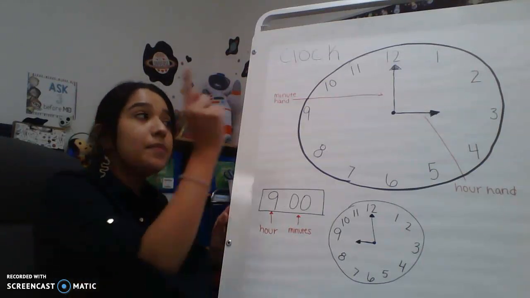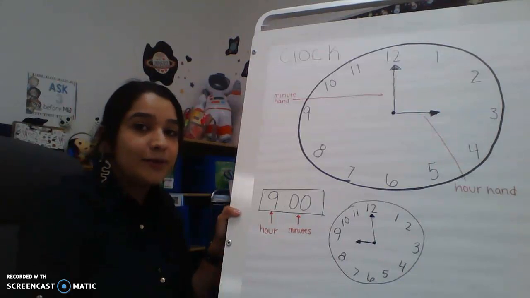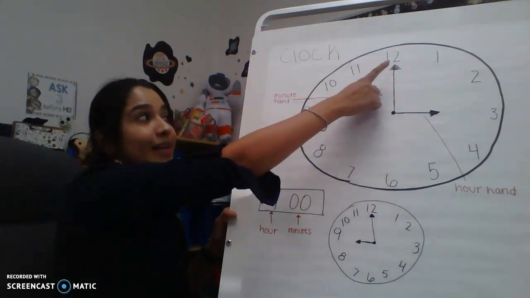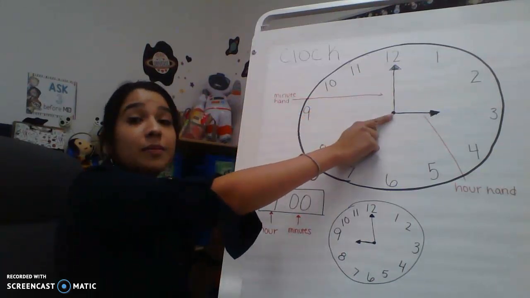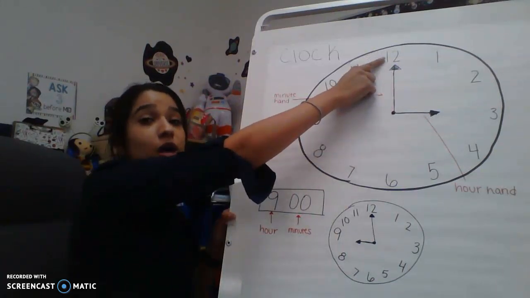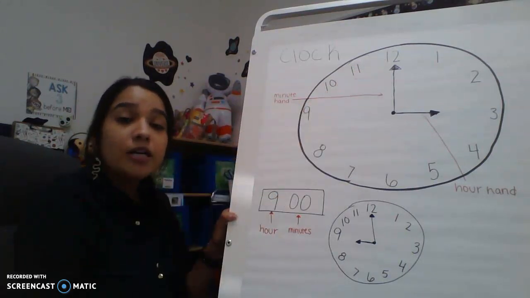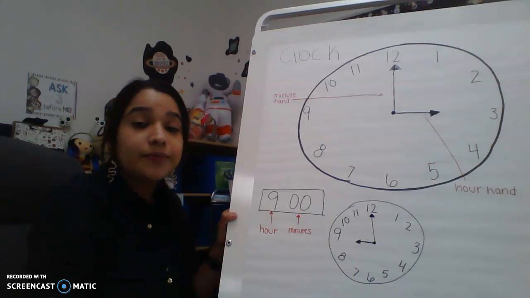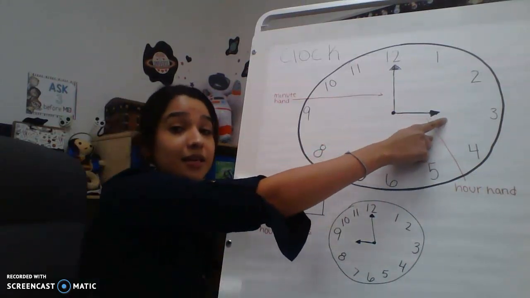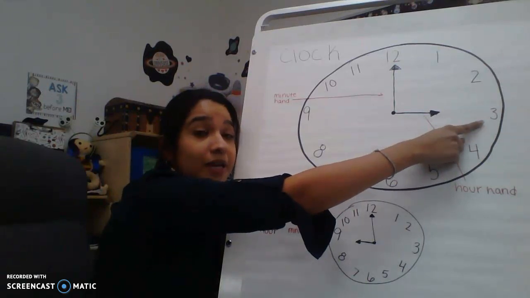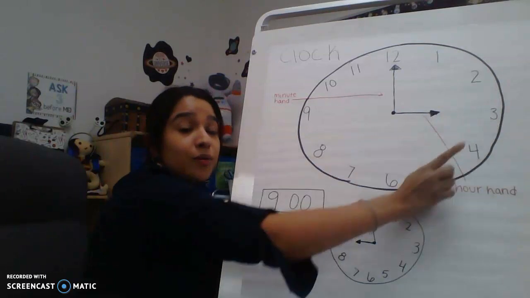What is the minute hand? What number is the minute hand pointing to? Good job. 12. So the minute hand is pointing to the 12. And where is our hour hand pointing to? 3. So our hour hand is pointing to the number 3.